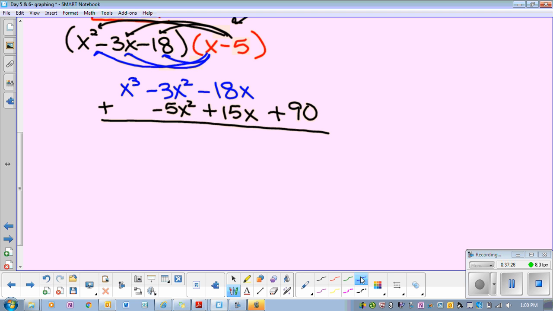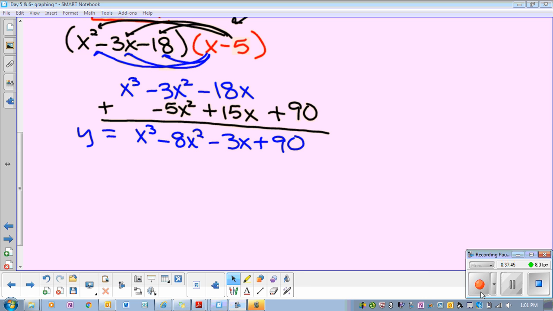So then I have x cubed minus 8x squared minus 3x plus 90. So y equals that. There you go. Done. Any questions about this? Are we okay with this? Okay, good.